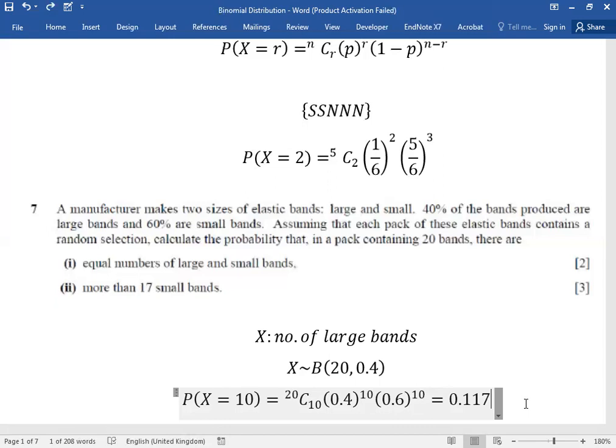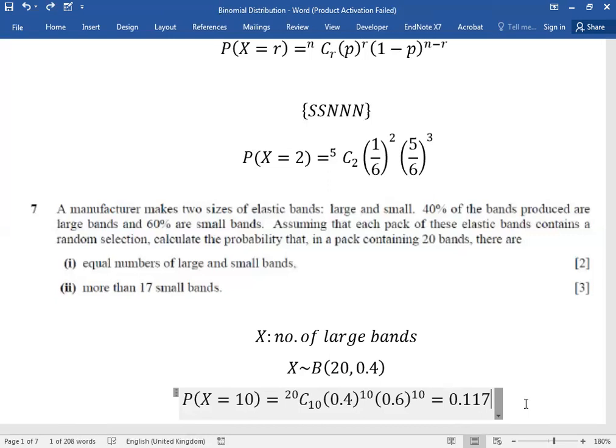Now part 2 says more than 17 small bands, but you decided X as large bands. So what? We can rephrase the question with respect to large bands as well. The question is saying more than 17 small bands. What does that mean? How many small bands will there be? 18 small bands or 19 small bands or 20 small bands.